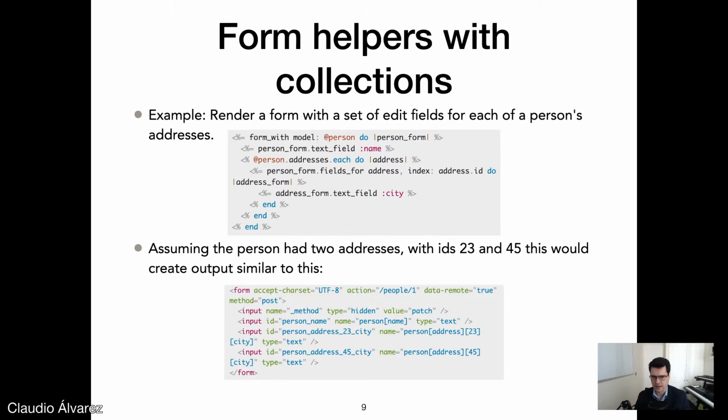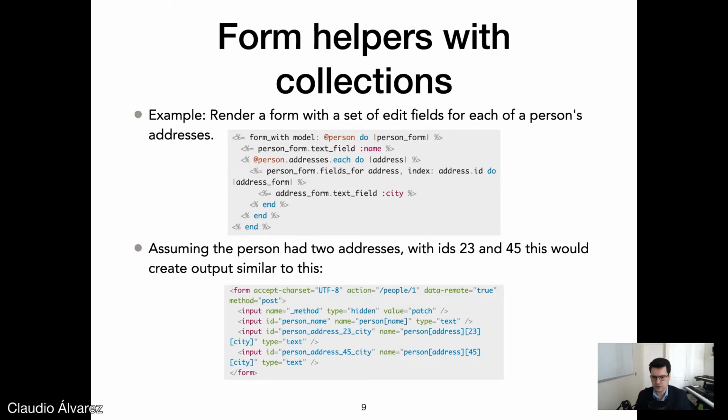Person form and address form are both form builders, and form builders will allow you to build the forms with helpers. So after this declaration, which will allow you to provide fields for each address, within the block that takes the address form generator, there's a single field for city.